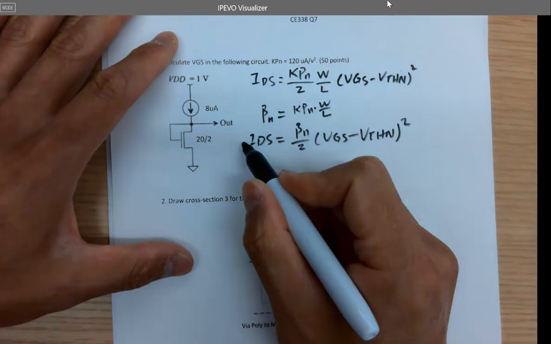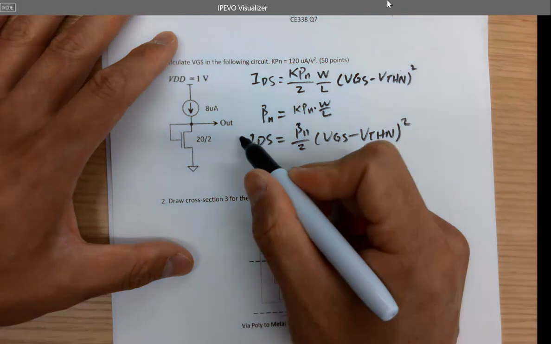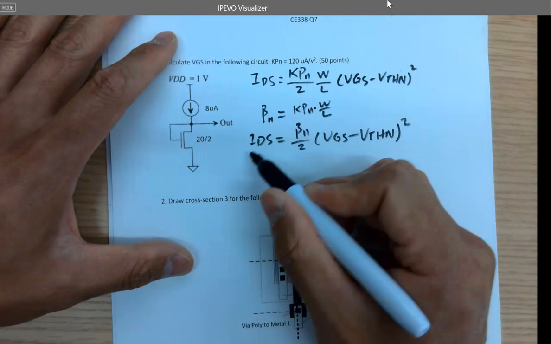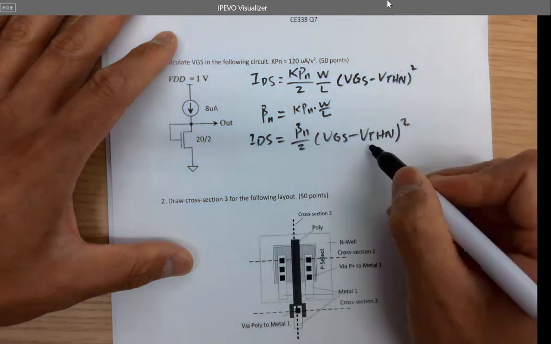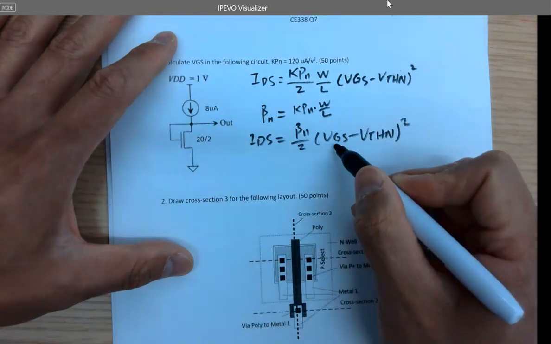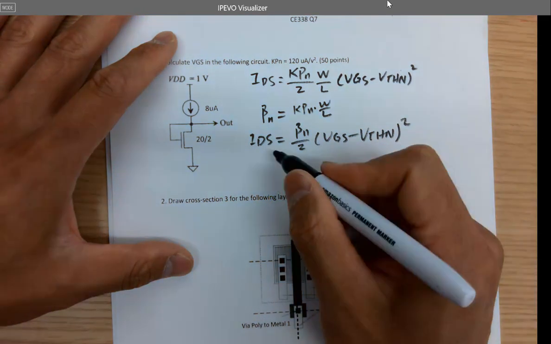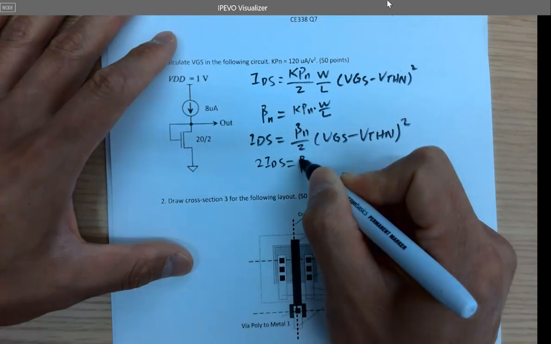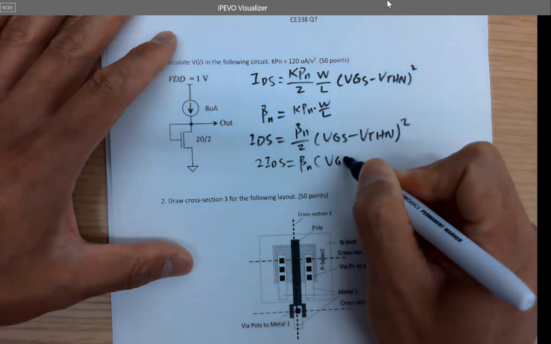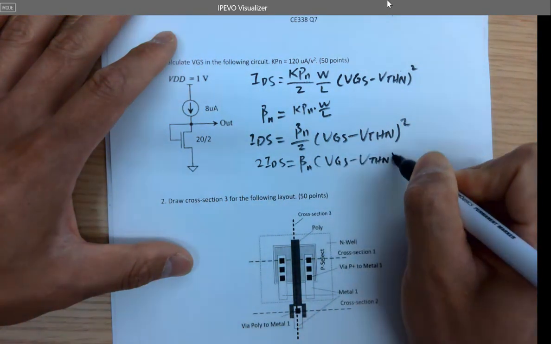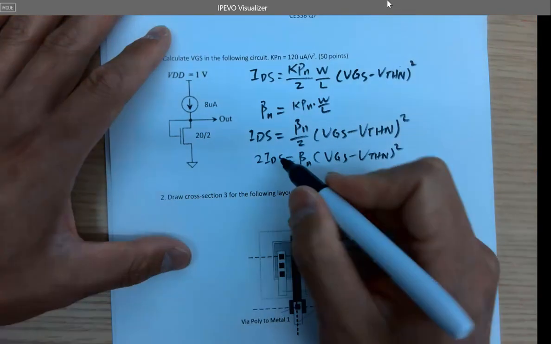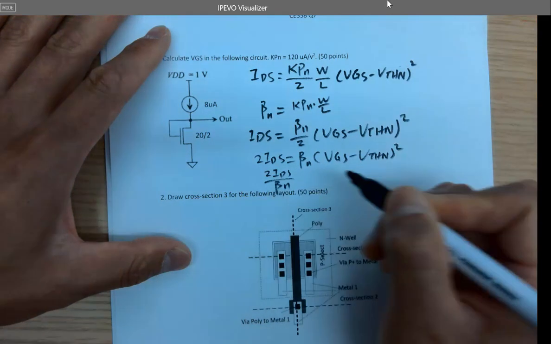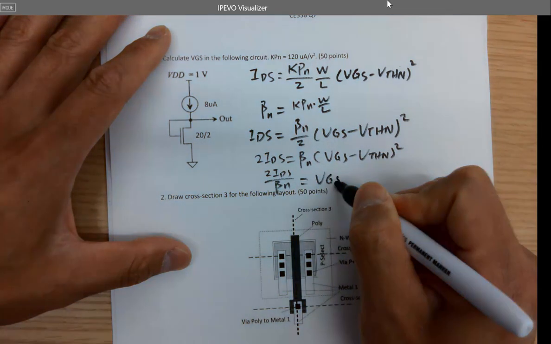And move 2 to the left. So you got 2 IDS, and 2 IDS divided by beta N, square root of it, and then plus VTHN, you got VGS. Let's do it step by step. So this becomes 2 IDS equals beta N times VGS minus VTHN squared. Okay, so 2 IDS over beta N equals VGS minus VTHN squared.